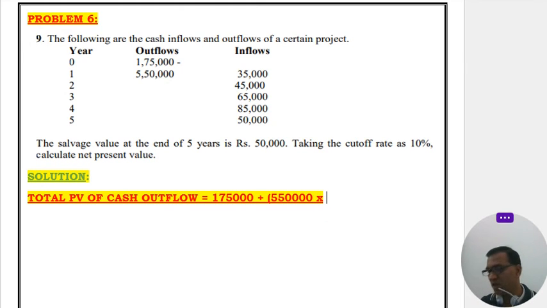This future value you have to convert into present value. So at 10%, what is the table present value? 0.909.